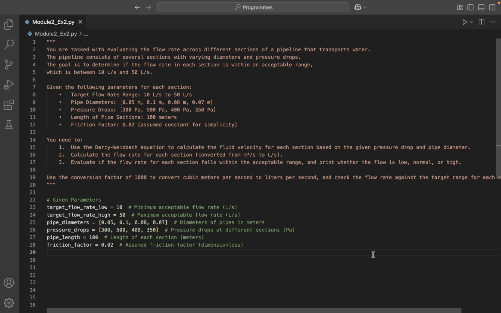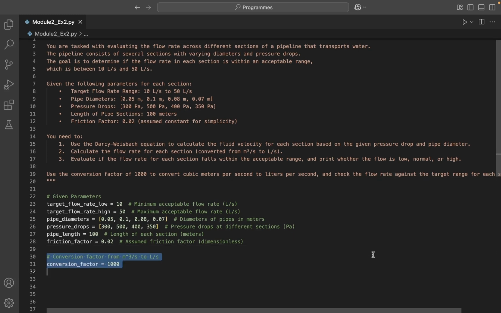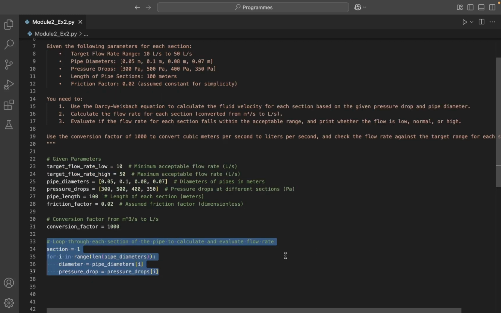So initially, let us create a for loop, and that loop will iterate through each pipe diameter and the pressure drop at a specific section. Here the conversion factor we have stored as a variable, and next we have started our loop. We will start with section 1, for i in range, the length of pipe diameters.